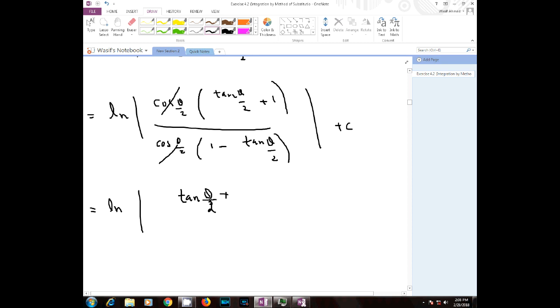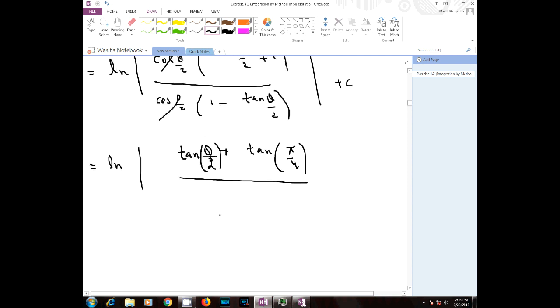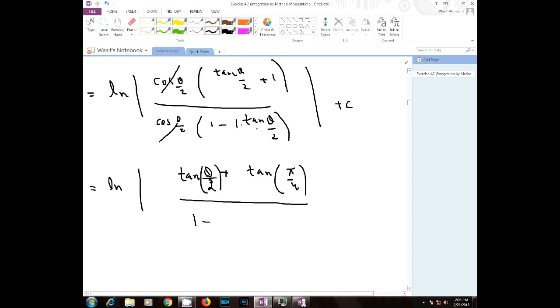So we have tan theta divided by 2 plus tan pi by 4 divided by 1 minus, and the last tan theta divided by 2 is 1 multiplied by tan theta by 2, therefore it can also be written as tan theta divided by 2 tan pi by 4, since tan pi by 4 is equal to 1.